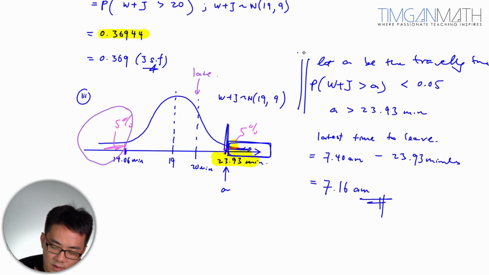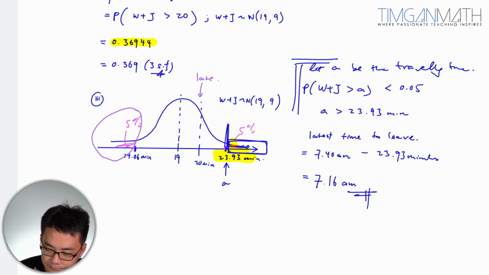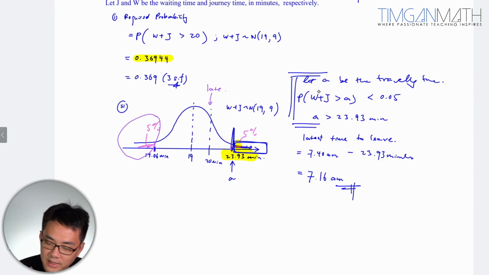Not necessary, this one. I don't think it's necessary. It's very hard to write this out. So what you need to write is this one here. Just inverse norm it on the right side. Show that you know that it's the right side.